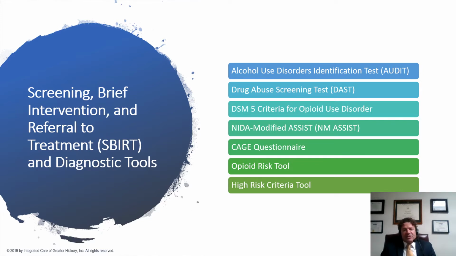Also, Project Lazarus has pushed the opiate risk tool and high risk criteria tool, and these are tools that are helping providers treat with pain management and also help with early detection of a possible problem. So it can guide a lot of treatment planning. We provide education on these tools in various settings.